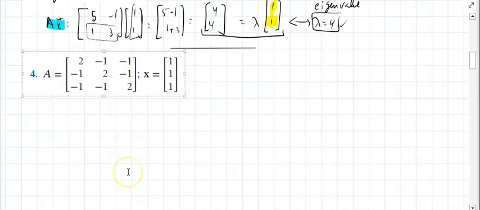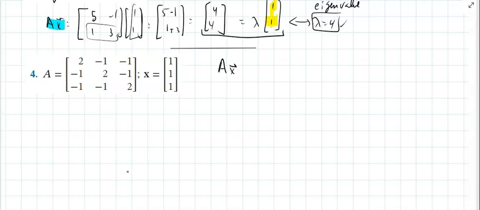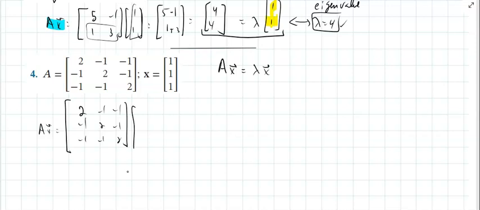Same deal here. They gave you the eigenvector. They're saying find lambda. Well, it's simply AX, and 1, 1, 1 makes it really simple. What is that? That is 2 minus 1 minus 1.